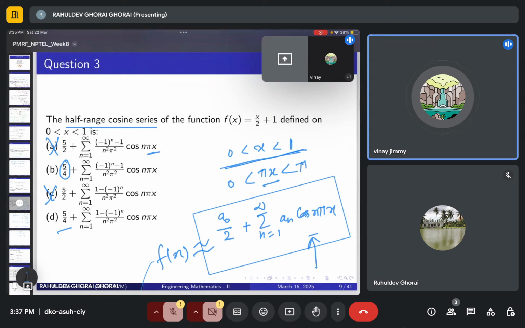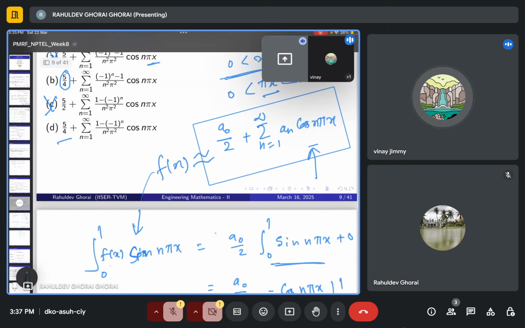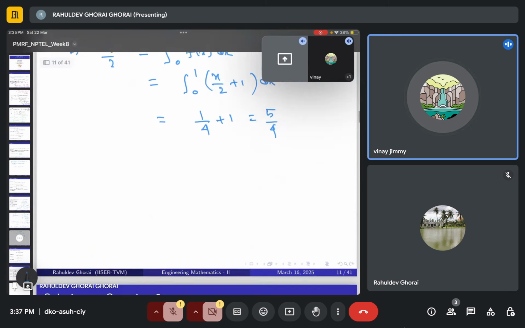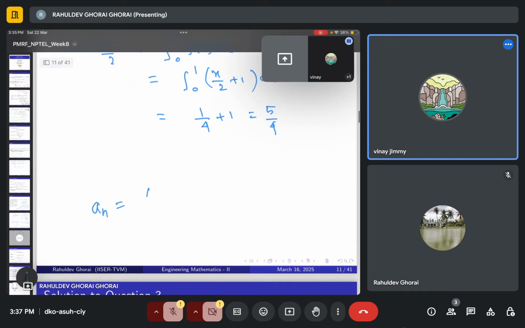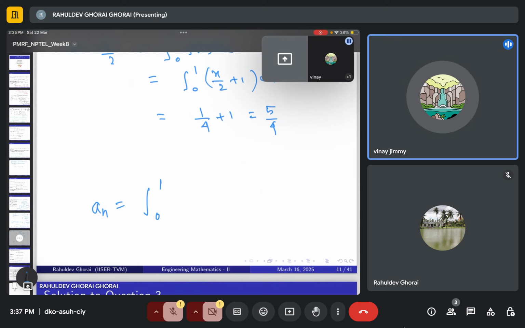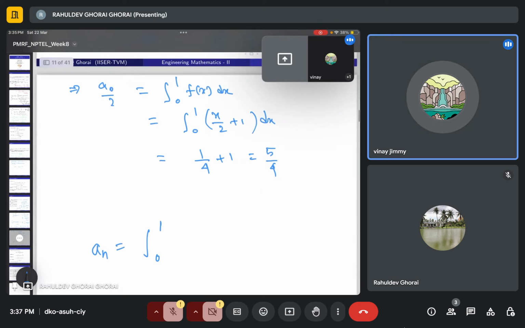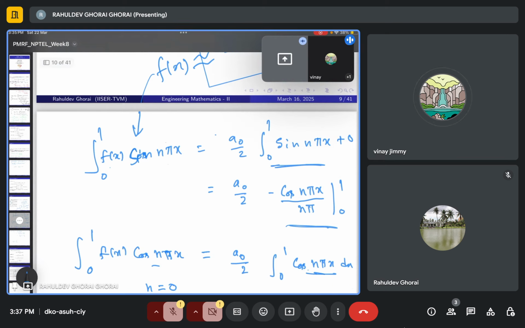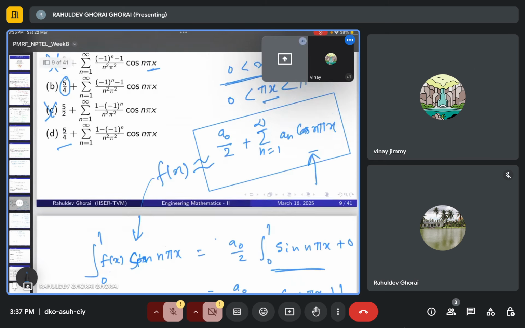Yes, sir. B, sir. Option B. So why B? What is the second part of B? What is a n? What is a n? n minus 1 to the power n minus 1 over n square pi square. What is the formula?